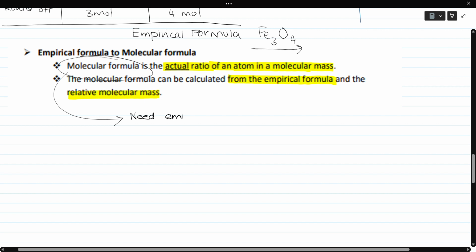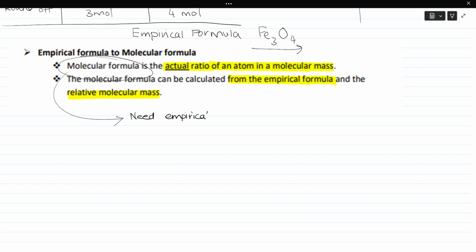We'll do this by way of example. It's a lot easier than empirical formula. There's only like 2 steps you need to know here, so it's a bit simpler. So how do we calculate the molecular formula?